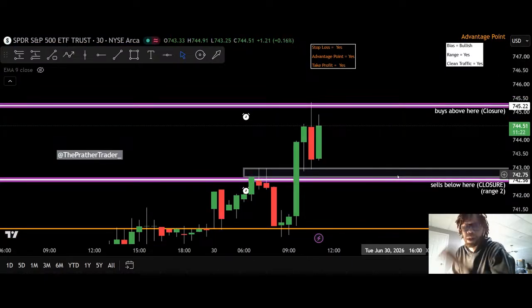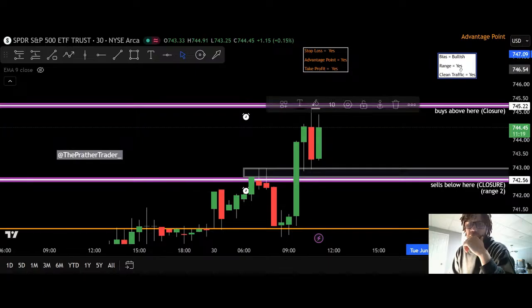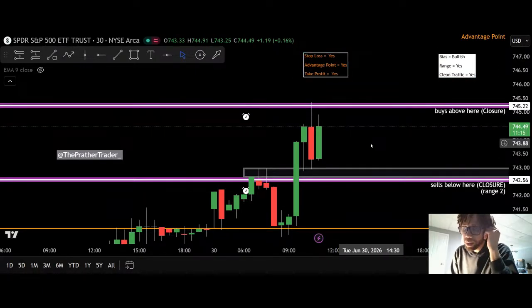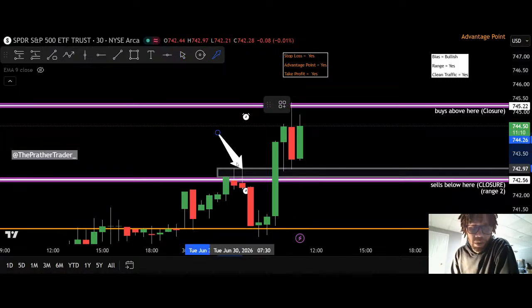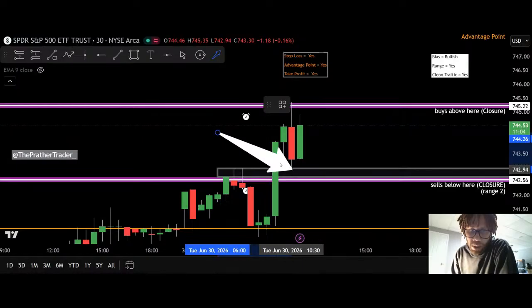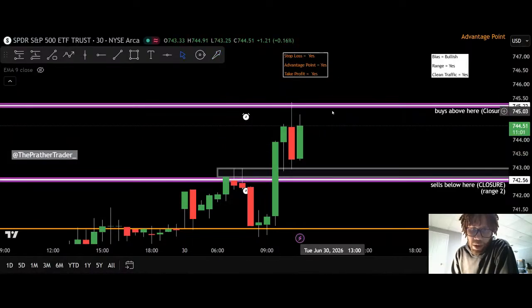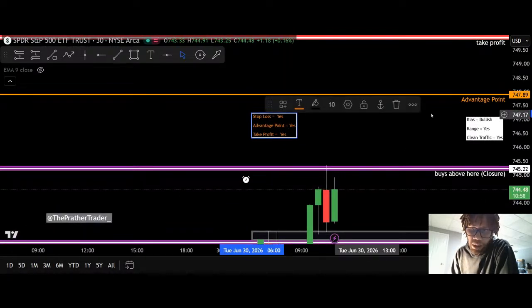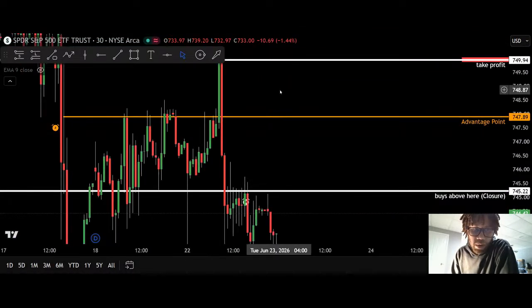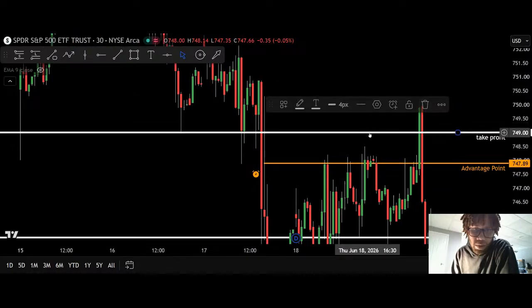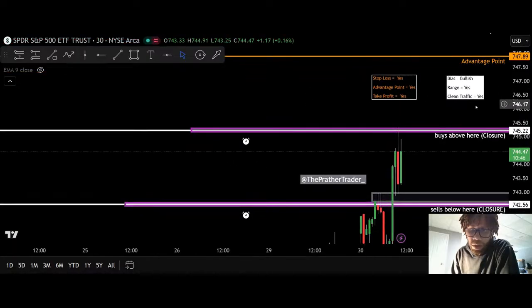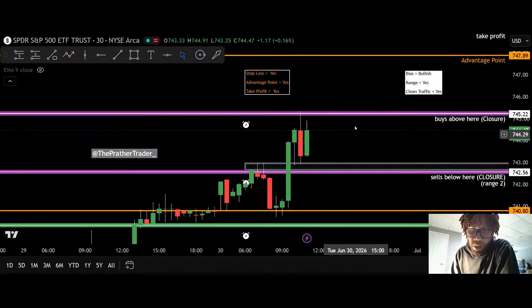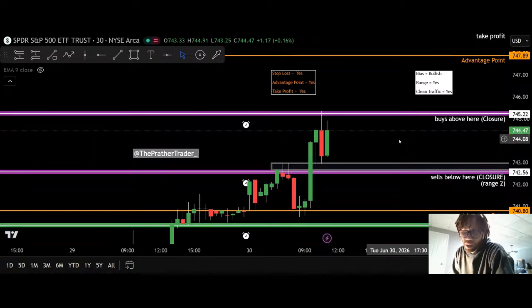Again, I kept this level here, this box, to give me more conviction. We got one retest, two retests, closure above. Wait for a nice bottom wick on that next candle, and I'll take my buys coming up. Other than that, price stays, I guess, within this range here. I may just call it.